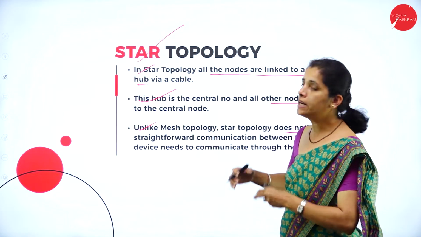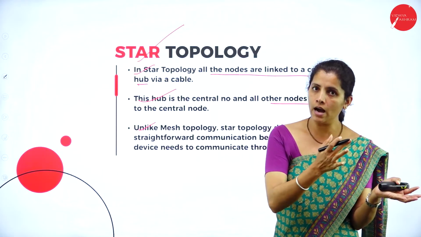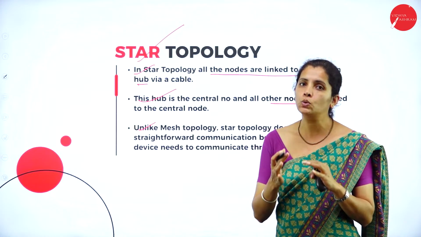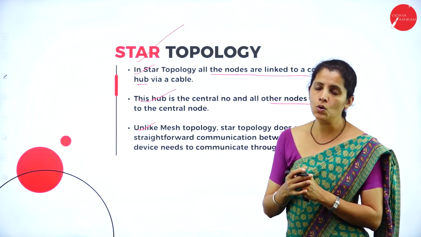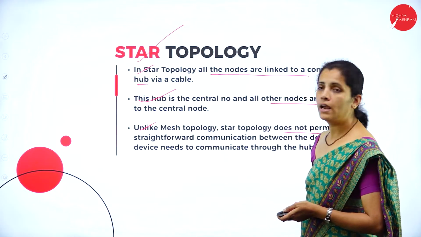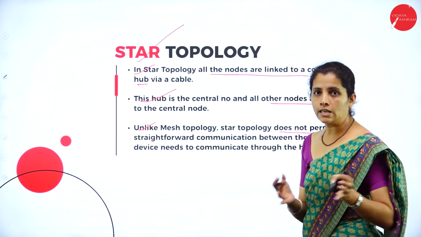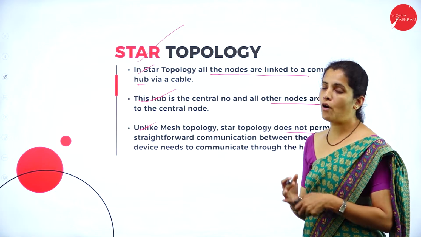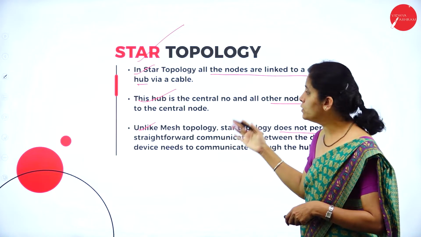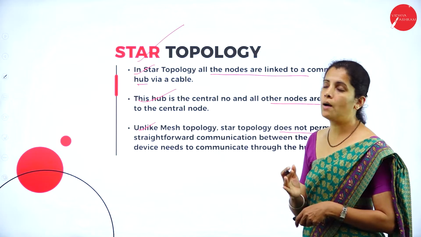So, dear student, if any device wants to communicate with another device, all the communication must happen through the central device, known as the hub. If I consider mesh topology, the data transmission is straightforward, but here whatever data we transfer must go through the hub.